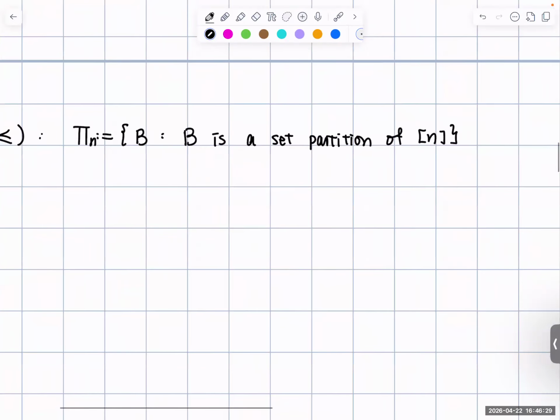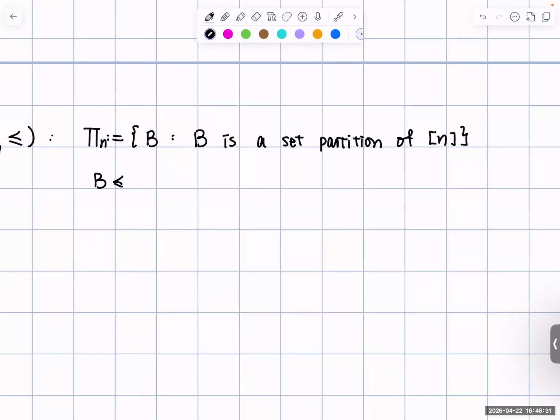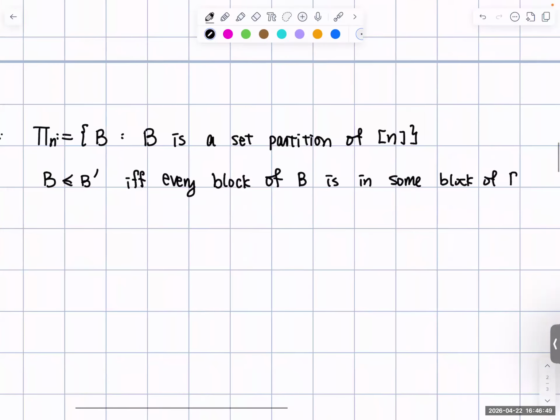And then what does it mean by B is less than B prime? That just means, if and only if, every block of B is in some block of B prime. Or you can say B is a refinement of B prime. So let me give you an example.